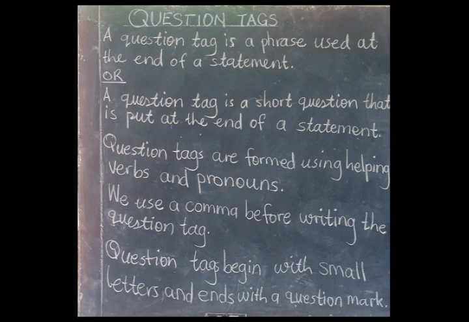We have to bear in mind that question tags begin with small letters and end with a question mark. We've talked of two major punctuation marks: one is a comma, two is a question mark. If the given statement is positive, the question tag becomes negative, and it is vice versa.